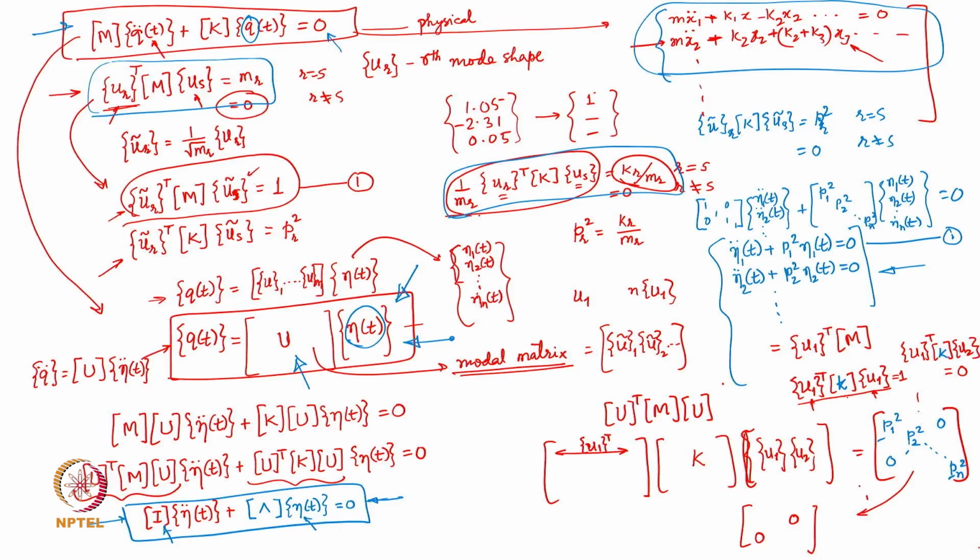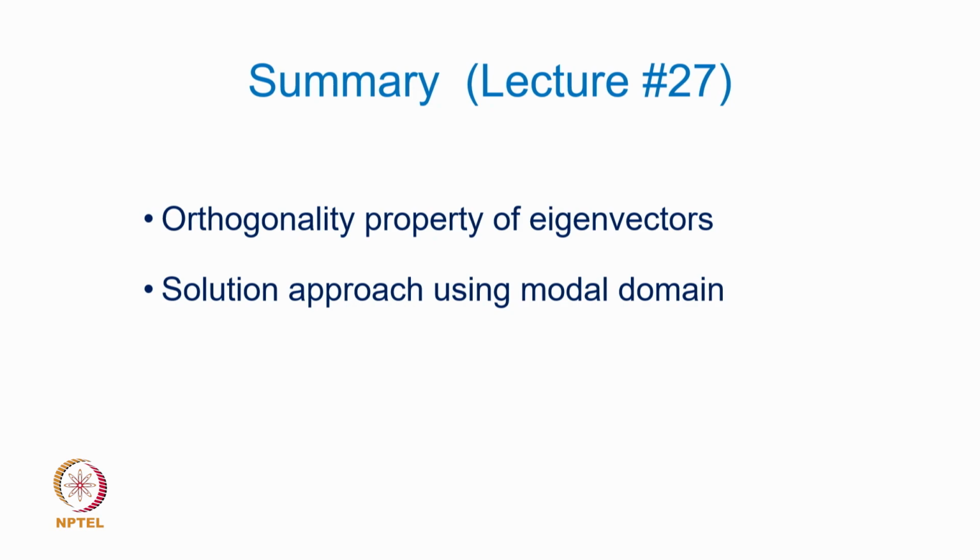And I hope now you are able to realize the importance of studying the single degree of freedom system. Multi degree of freedom system is something in which there is nothing great, because all the basics of the single degree of freedom system will now get implemented for arriving at the solutions. Summary of this lecture: we discussed the orthogonality property of eigenvectors, how they are orthogonal with respect to the stiffness and mass matrices.